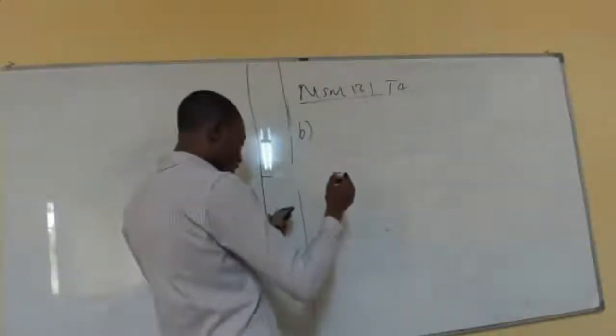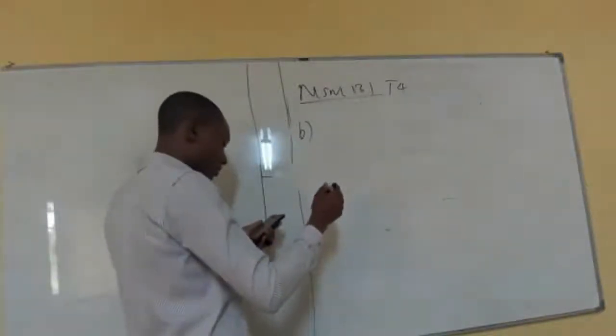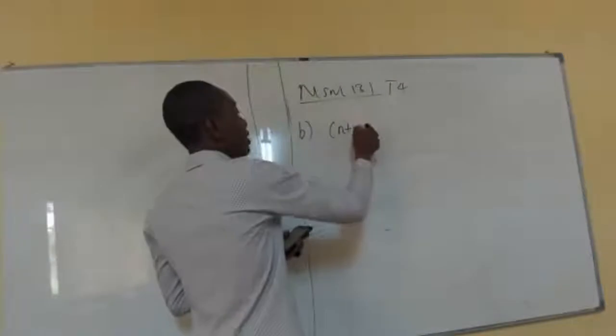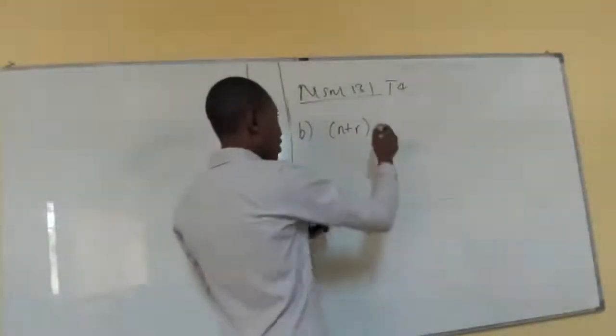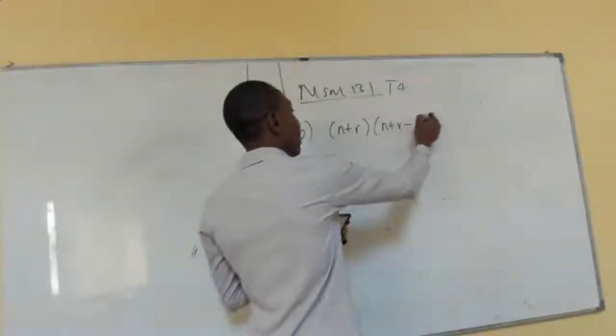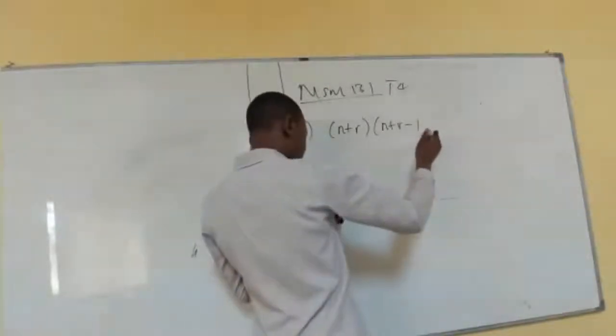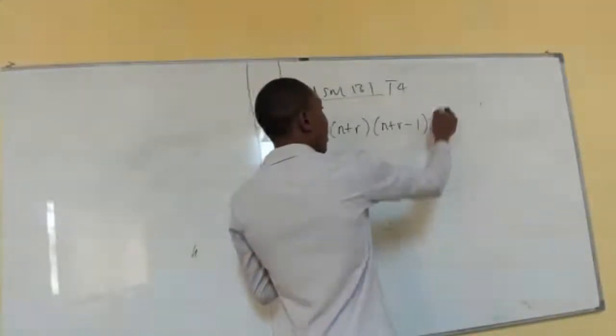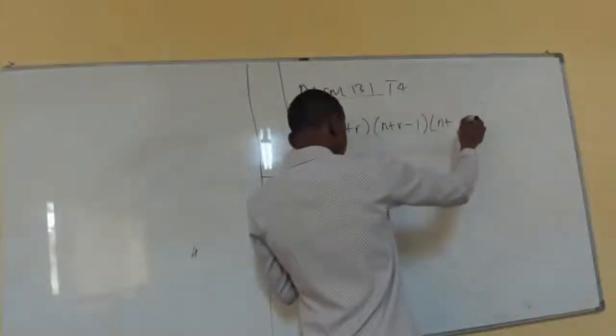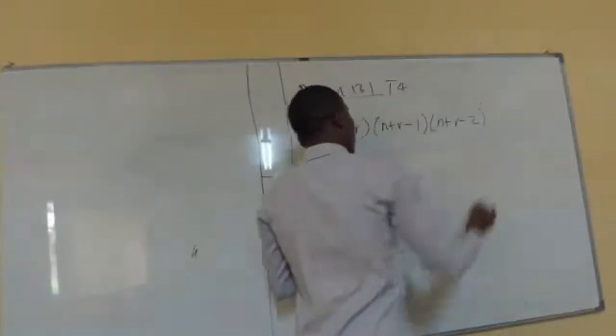I'll just do this one: n plus r, n plus r minus 1, n plus r minus 2.